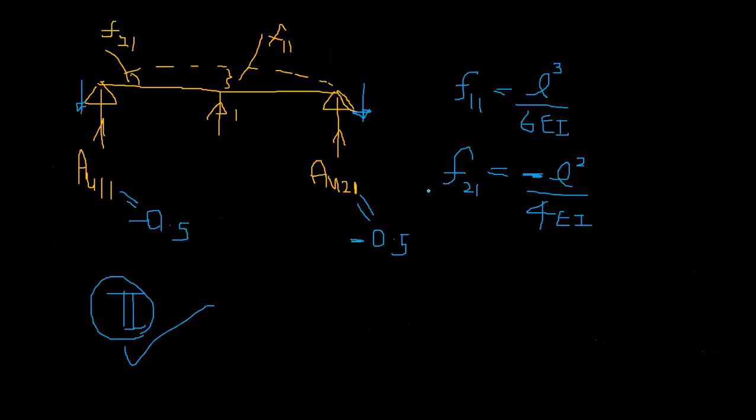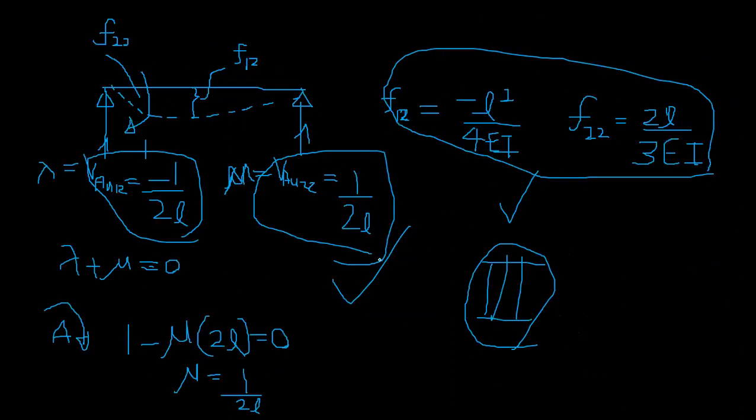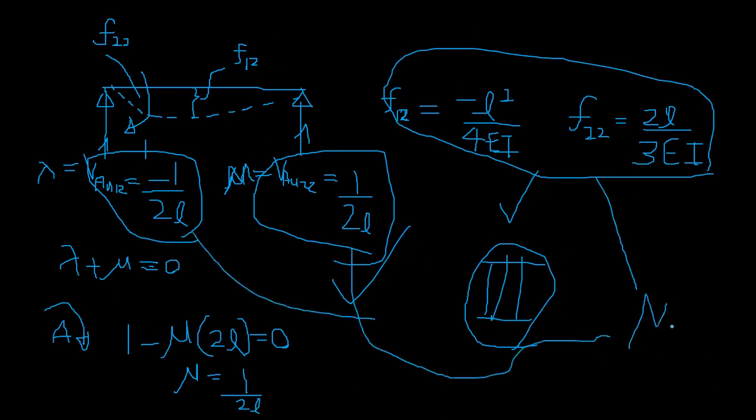So we need to multiply all these things by dB, because that is the actual value at B, and we need to multiply all these things by MA. That was the actual moment at A. So when you do, you'll end up with this.